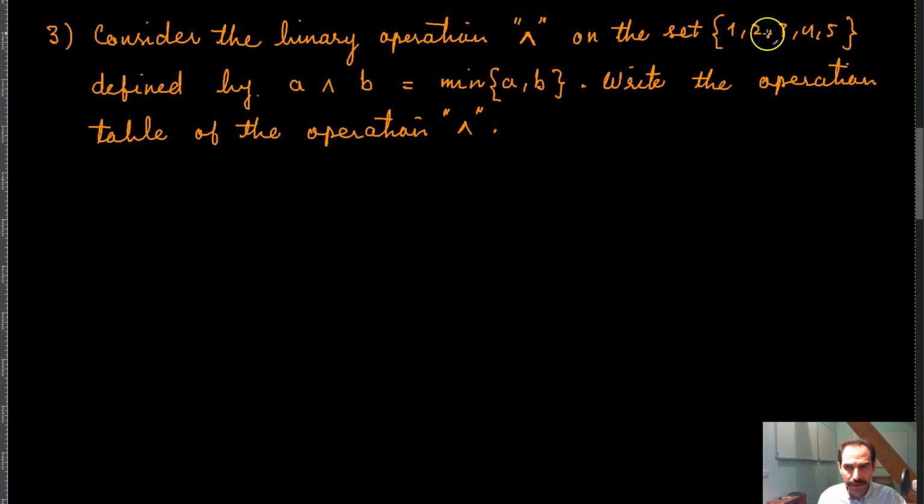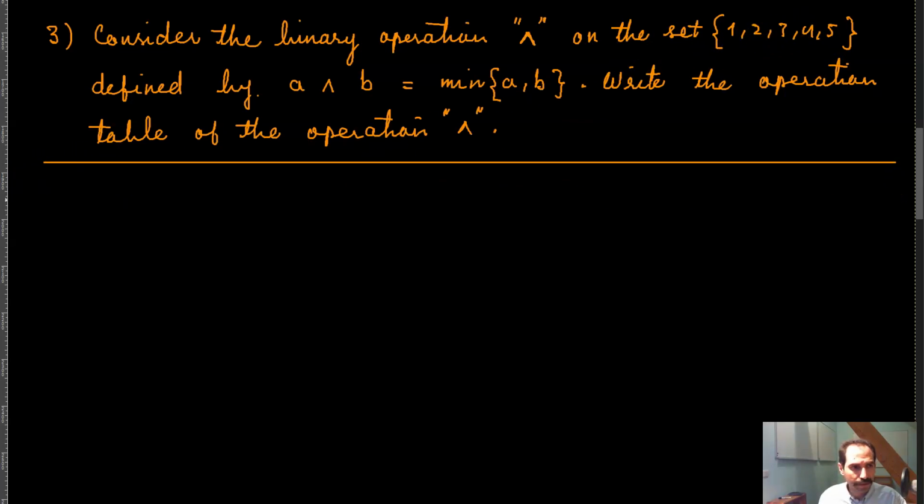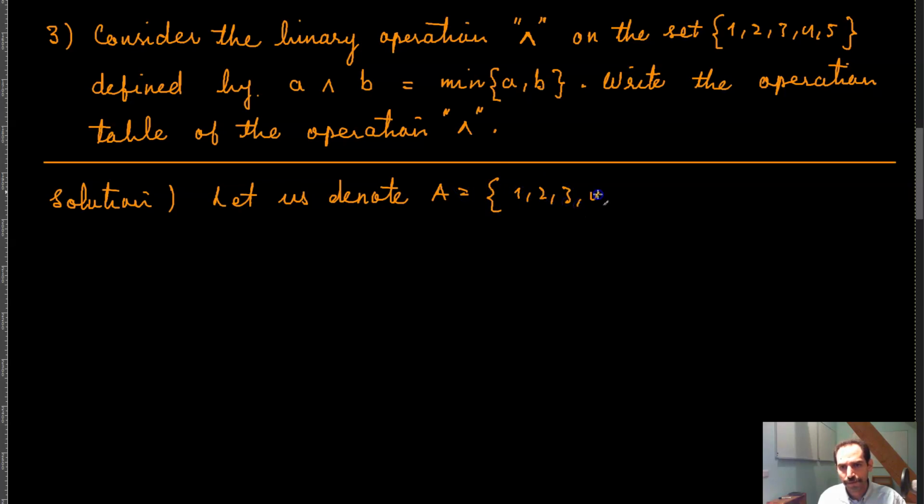If we call this set A, for example, let's write, as the solution, let us denote A equal to 1, 2, 3, 4, and 5. Let's denote the set as set A.